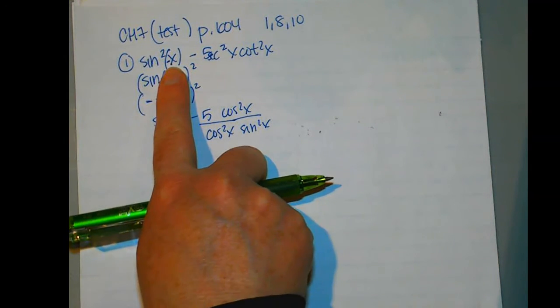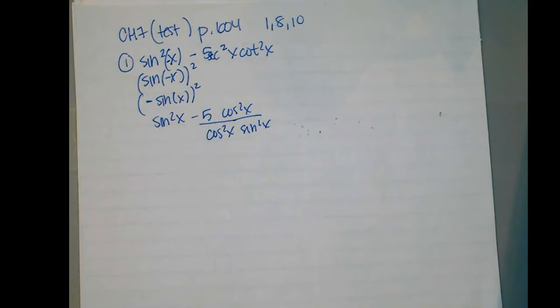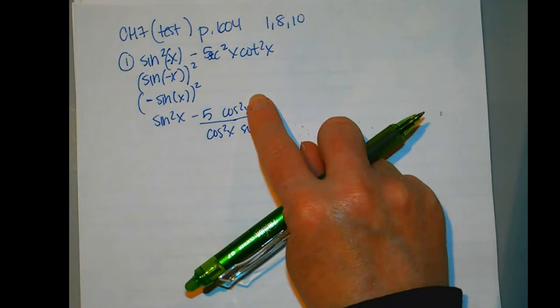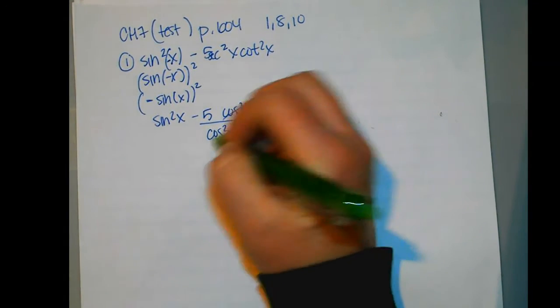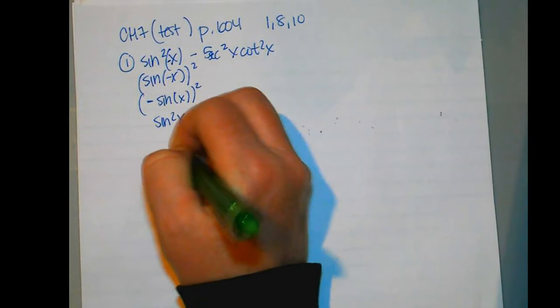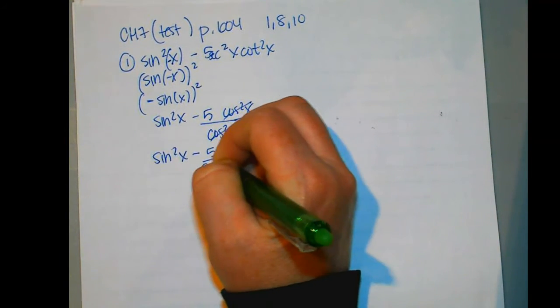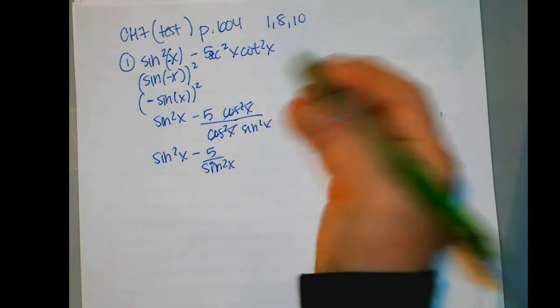This negative x was an issue, and I handled it. Secant and cotangent are not in terms of sine and cosine. That's the first rule: change them into sine and cosine. And then this cancels, right? So we can take that out. And now we have sine squared x minus 5 over sine squared x.